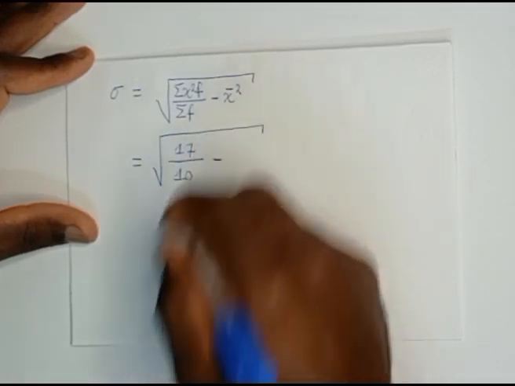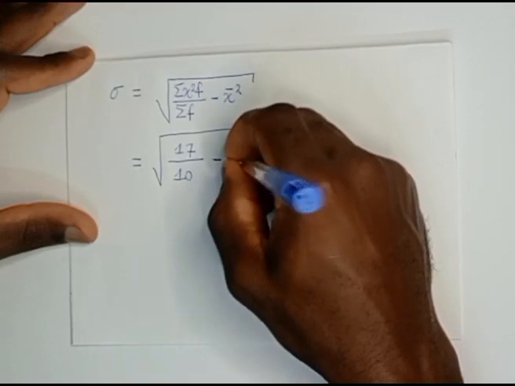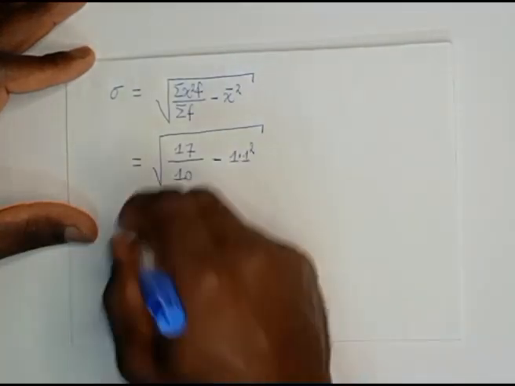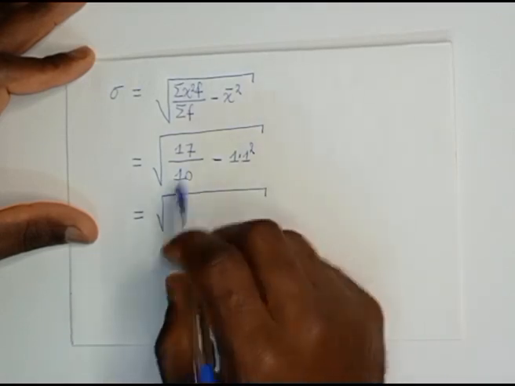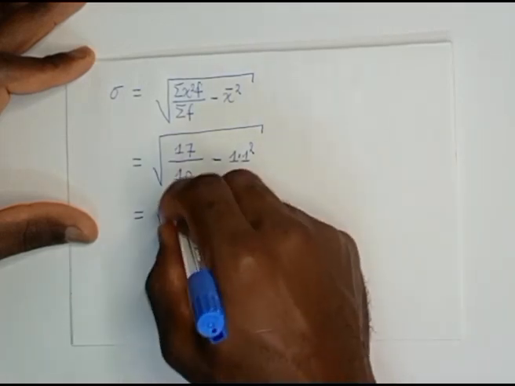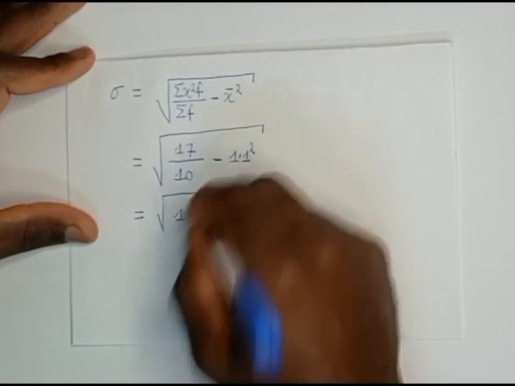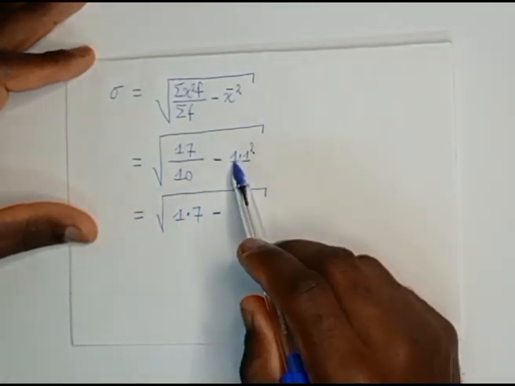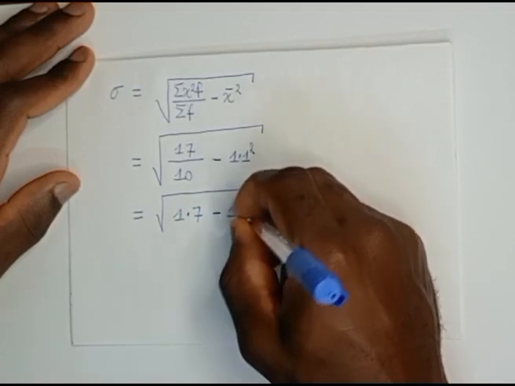Then we subtract x bar squared. X bar is 1.1 squared. This will simply be equal to the square root of 17 divided by 10 gives us 1.7 minus 1.1 squared gives us 1.21.